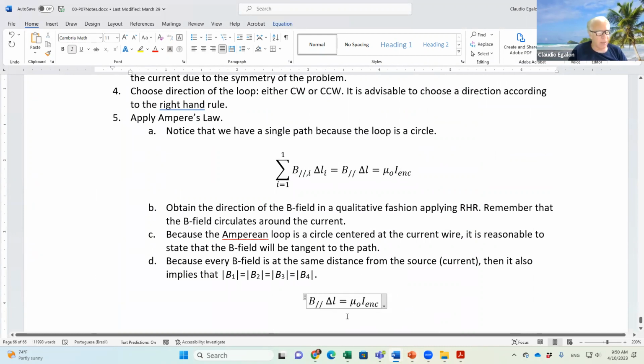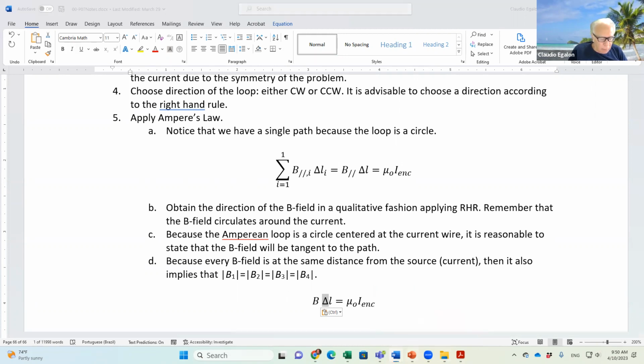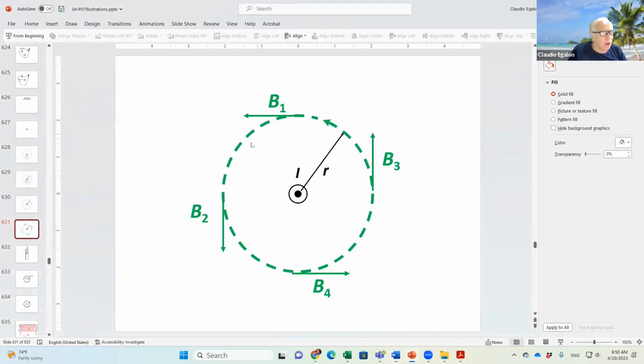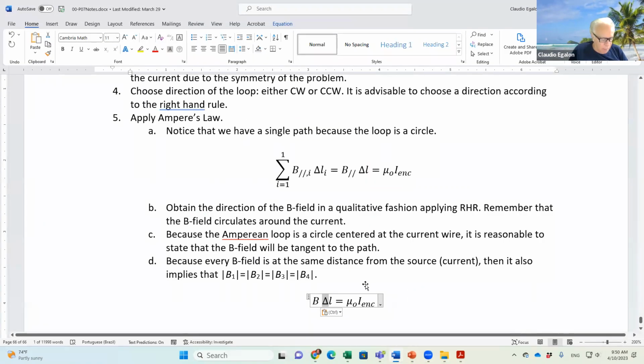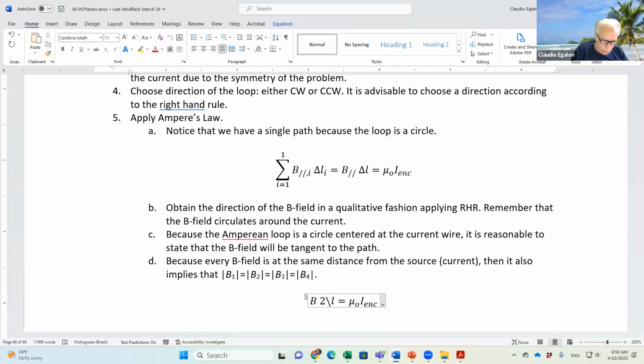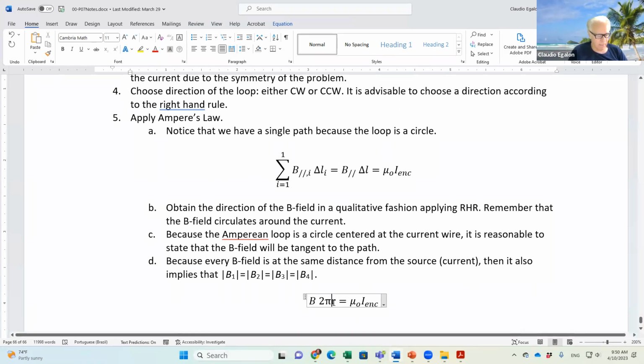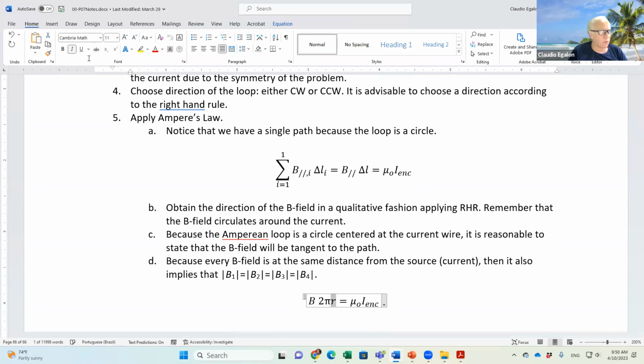Because the B field is the same, and the B field parallel to the path coincides with the B field as well, all we have to do is look at the length of this path. What's the length of this path? That's what delta L is all about. It's going to be 2 pi r. So we are almost over with this problem.